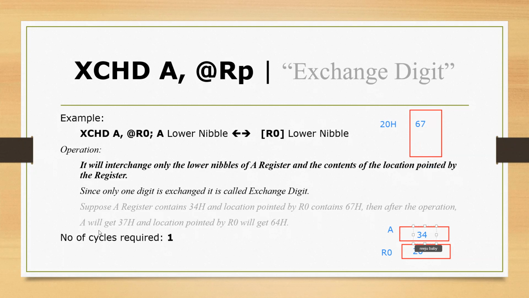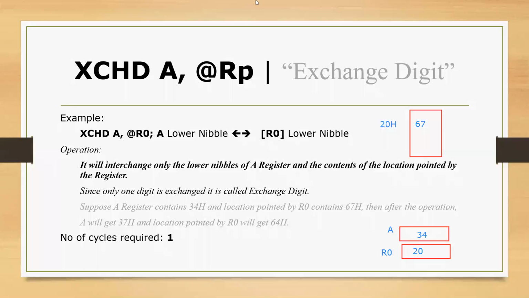Then after the operation, exchange digit A, @R0 means only the lower nibble is exchanged. That is, the 7 comes to the lower nibble of A register, so 37 will be the value in A register, and this 4 goes here, so 64 will be the value in the location pointed by the register R0.